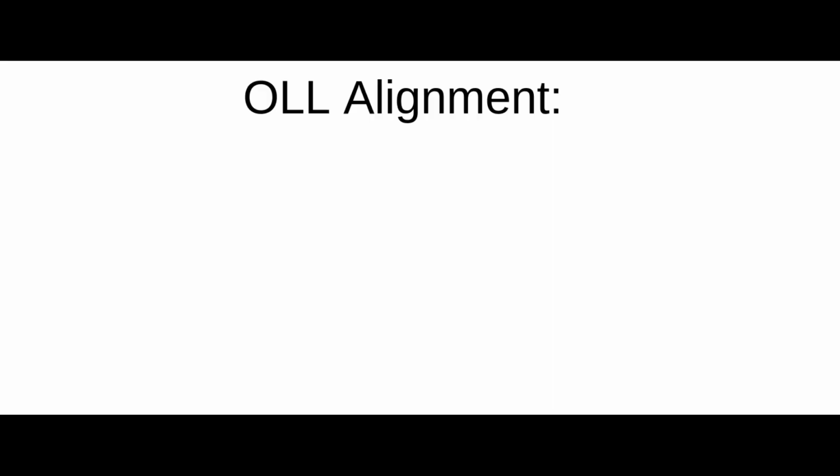For the last layer, I did a process that I like to call OLL alignment. It probably has another name, but I'm going to stick with that because this is what I came up with in my solve. If you take one OLL case, there would be a certain algorithm used to solve it.